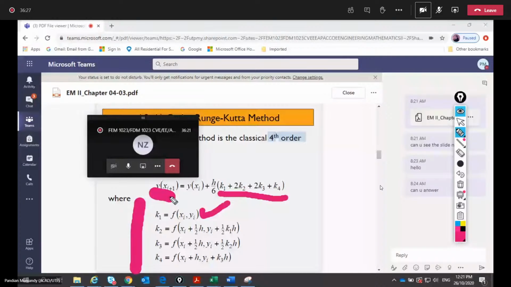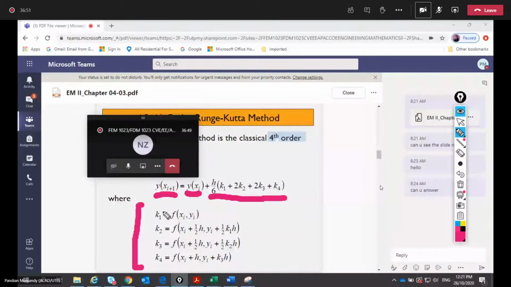This y(xi+1) is actually the output, your output, class. This is your input, the initial condition. This is the one you are going to calculate using these formulas. k1 is defined as f(xi, yi). You need not memorize this, but you must familiarize first.